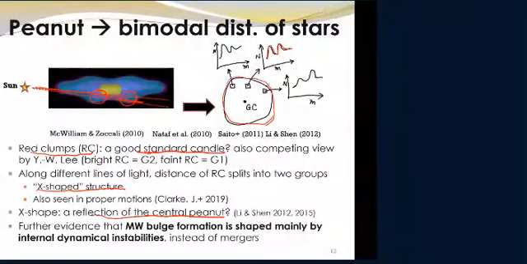They're not really X-shaped like the letter X. At least I don't think it's that extreme. And so the existence of the X-shaped bulge is another evidence that the Milky Way bulge formation is shaped mainly by internal dynamical instabilities and not by mergers as people commonly assume.